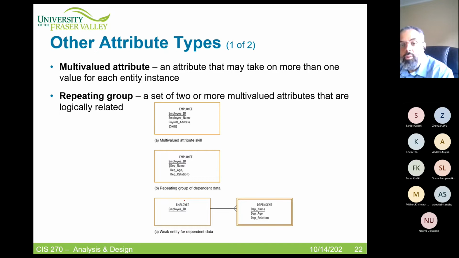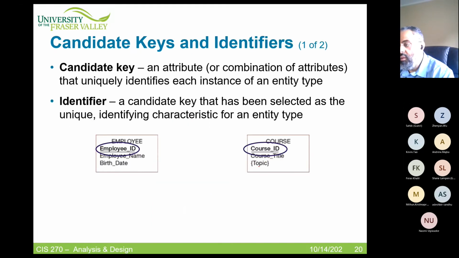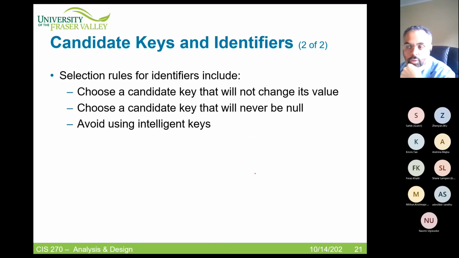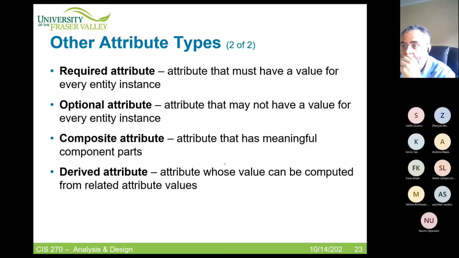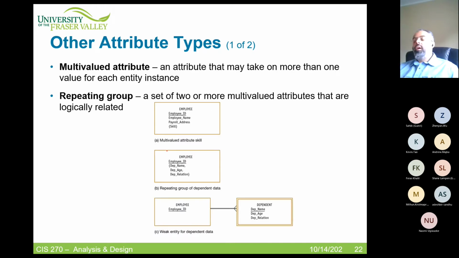Other types: we said we have other types like the multi-value attribute. And sometimes you will have a composite attribute, not only multi-valued. For example, address.